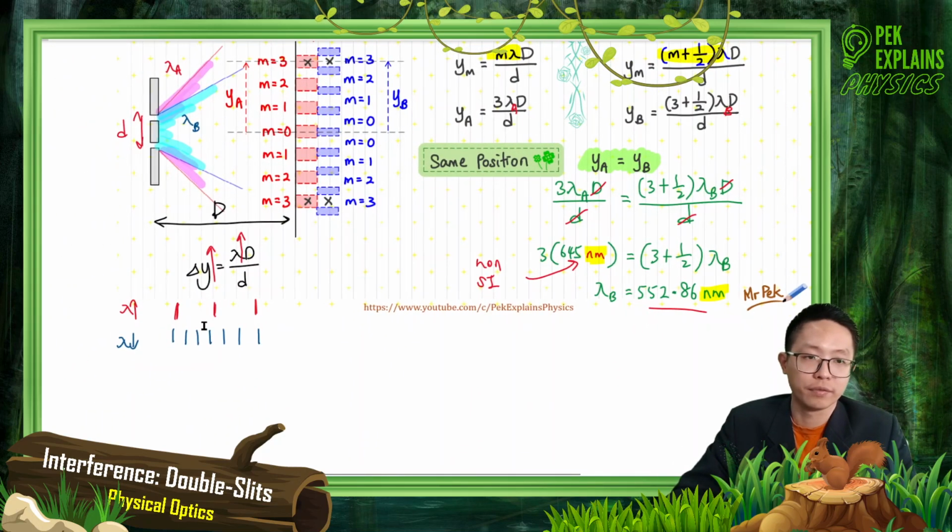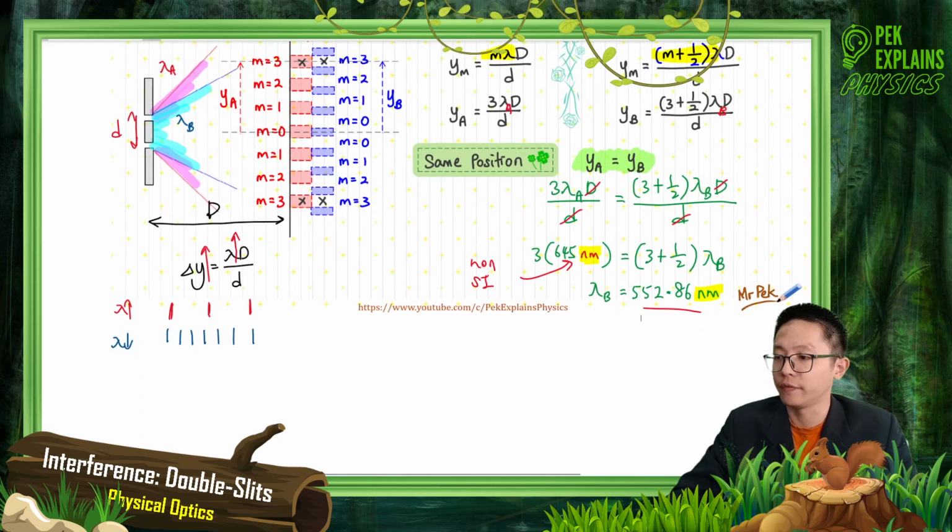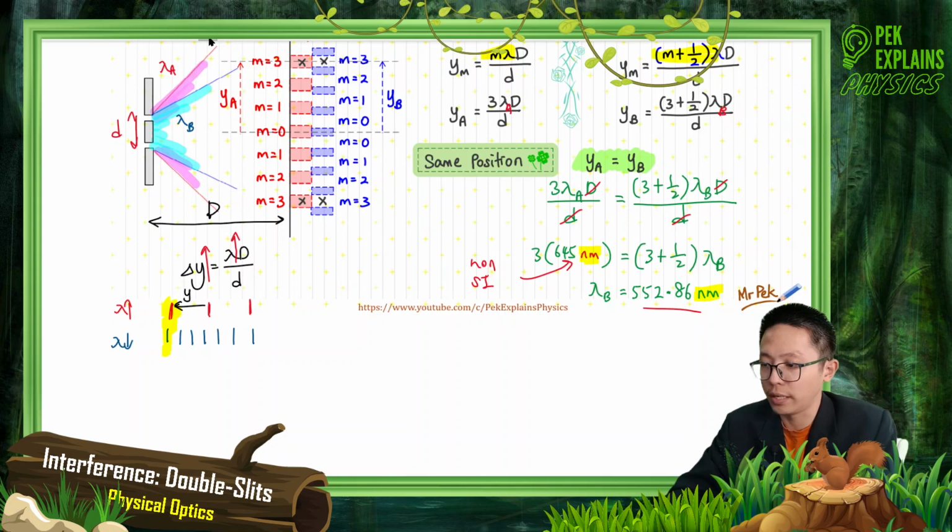So if you have like this, sometimes you have two fringes overlap with each other. Like this one, you see, this fringe and this fringe, they overlap with each other. That means they have the same position. From here to here, this is y1. From here to here, this is y2.